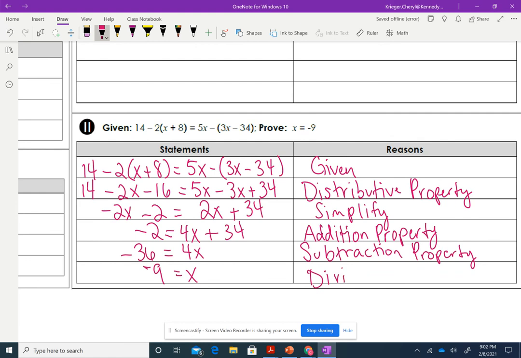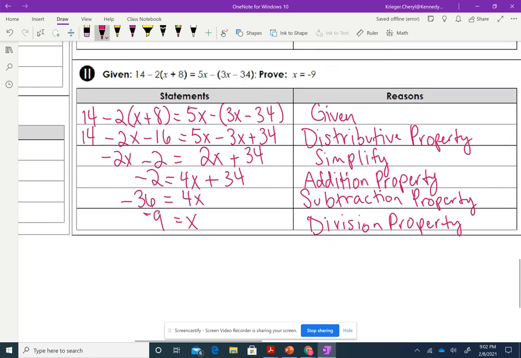Division property. And you know what, guys? I didn't mess up, but they want this to be x equals negative 9. Okay, so which one was that? The one where you say negative 9 equals x turns into x equals negative 9. That is the symmetric property.